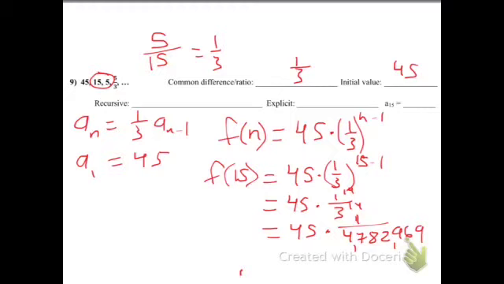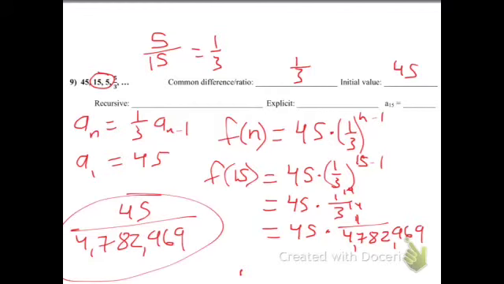And when you multiply that, you basically just do 45 times 1, which is 45. And now we have the fraction 45 over 4,782,969. And that can be reduced, but is basically that.